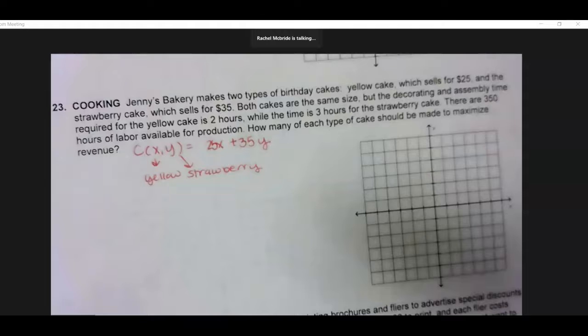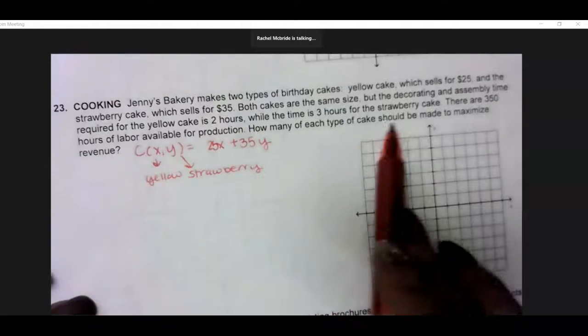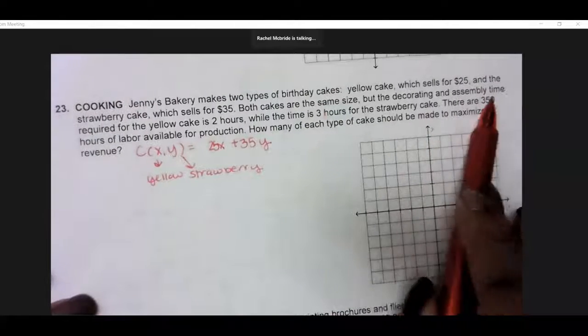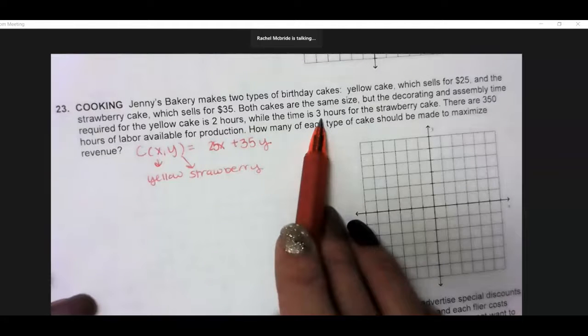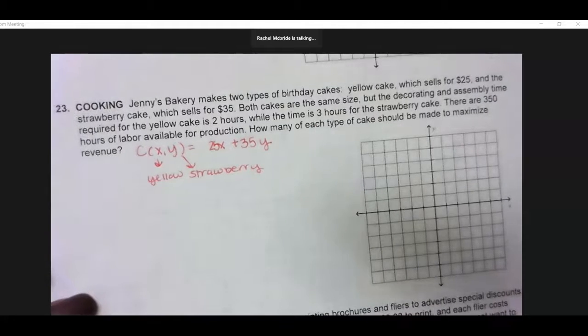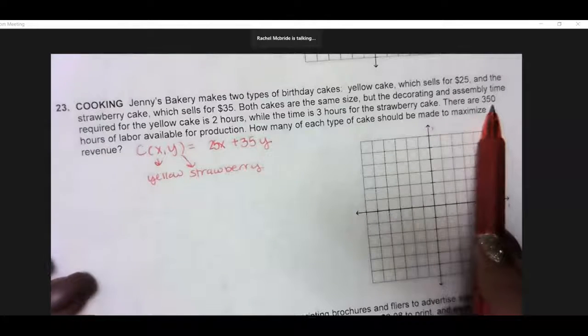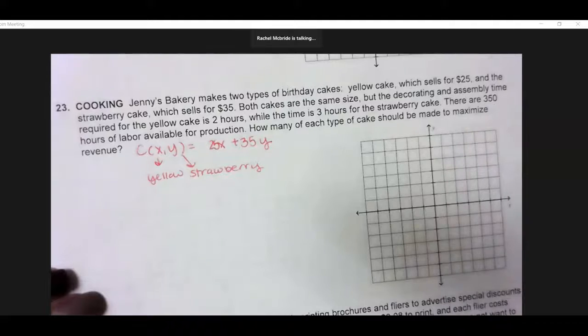It says they're the same size, but their assembly time differs. So the assembly time for a yellow cake is 2 hours, and the assembly time for a strawberry cake is 3 hours. So what we're graphing is essentially our total number of hours. And our total number of hours is 350.